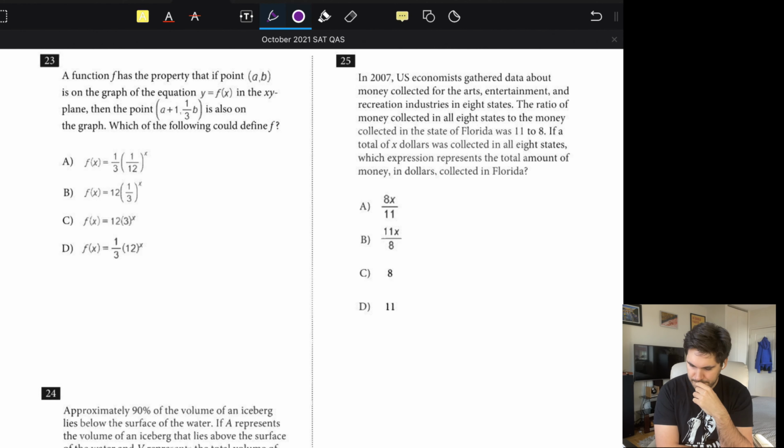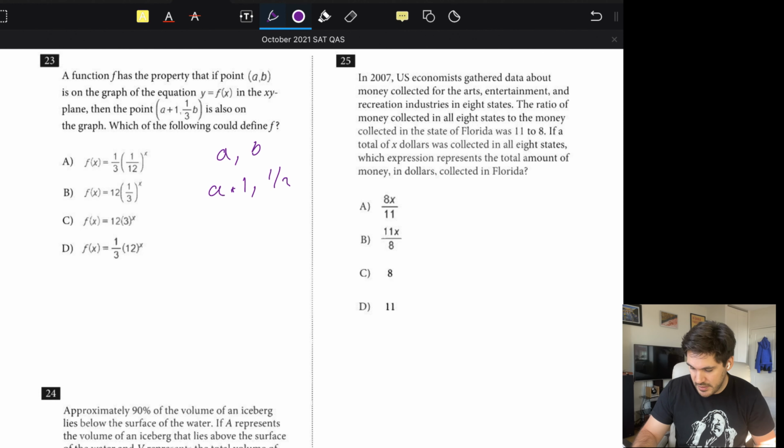Basically, they're saying A comma B is a point, and so is A plus 1 comma 1/3 B. Which means that if you have A plus 1, then A plus 2 would have 1/3 of the previous B, which would be 1/9 B.